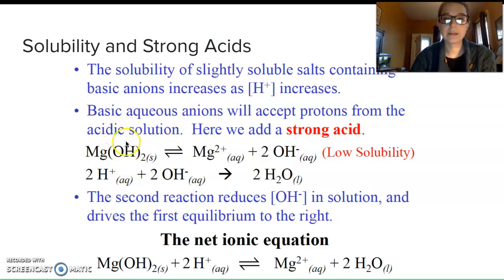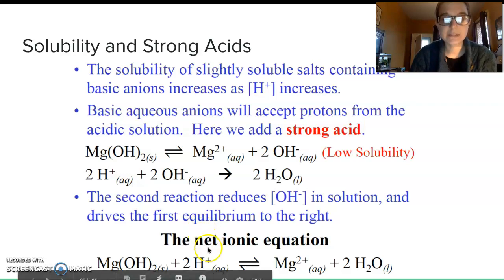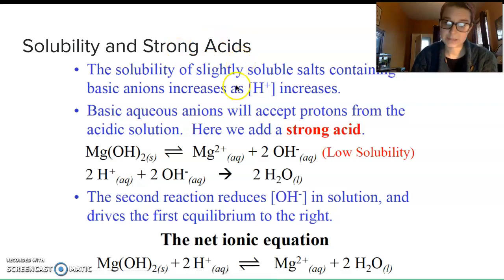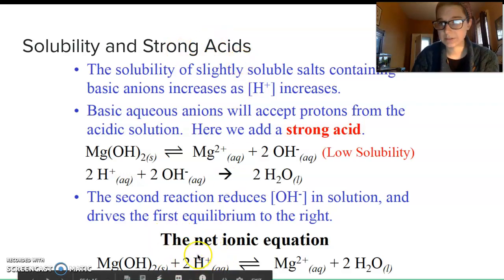So if we consider magnesium hydroxide, I said before it has a pretty low solubility, meaning if you put it in water, you wouldn't see it dissolve, but there might be a few ions of Mg2 plus and OH minus that do escape into the solution, but it is a very, very low solubility. If we consider adding an acid to that solution, specifically a strong acid, what that does is it adds H plus to the solution.